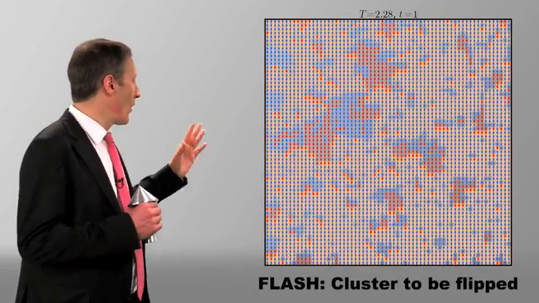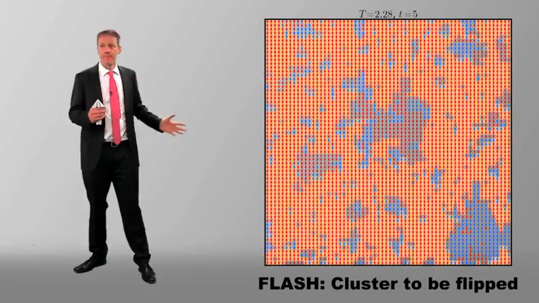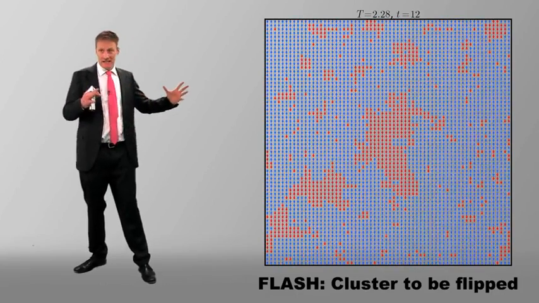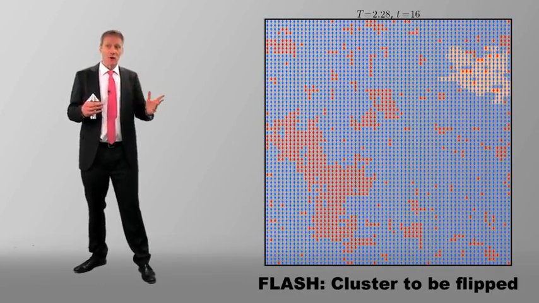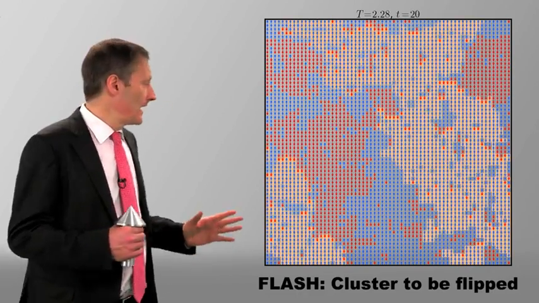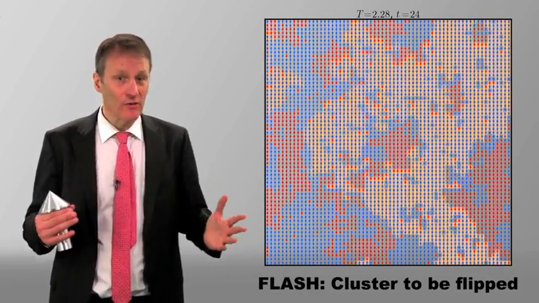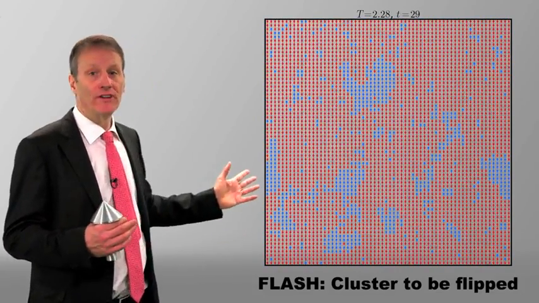An example of how this cluster algorithm works is shown here. Close to the transition temperature of the Ising model, enormous clusters are constructed, and they are flipped without thinking twice. It moves through configuration space with breathtaking speed and far outpaces the local Monte Carlo algorithm.